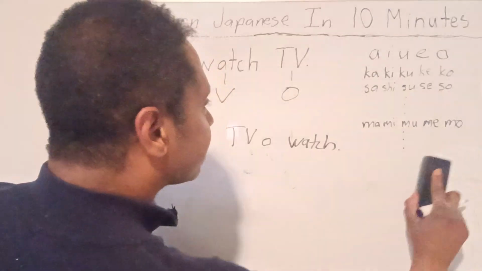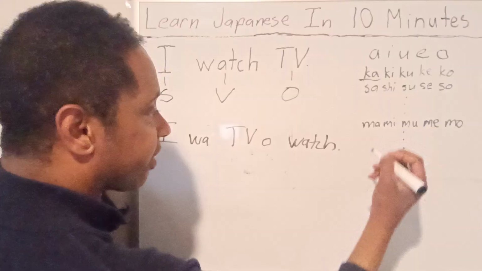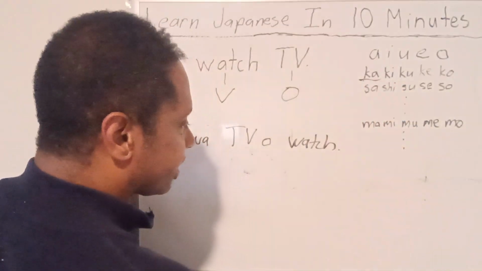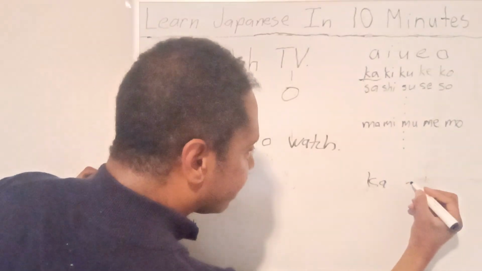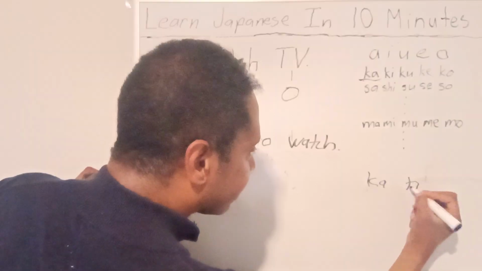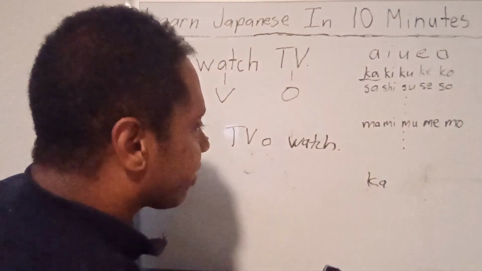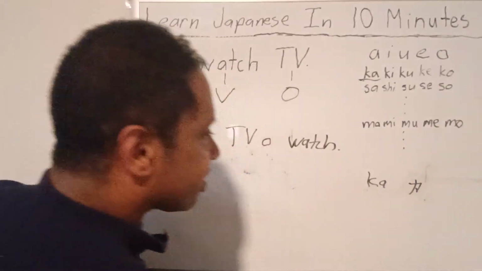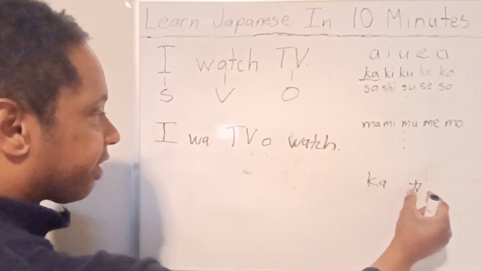Now, notice I said ka. Ka is one letter. It's not two, like K and the A. It's one letter. Ka is written in Japanese like this. Okay, that's ka, just one letter.